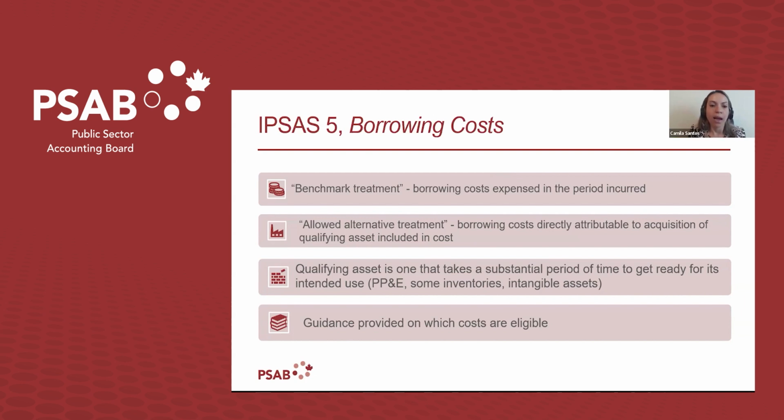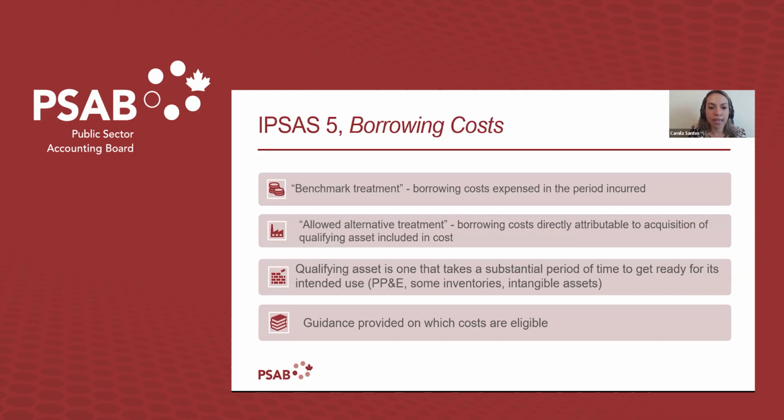A qualifying asset is an asset that necessarily takes a substantial period of time to get ready for its intended use or sale. Examples of qualifying assets include items such as office buildings, hospitals, and infrastructure assets such as roads, bridges, and power generation facilities.